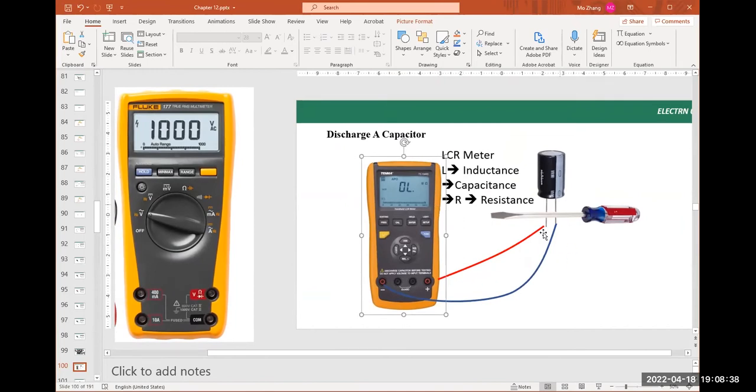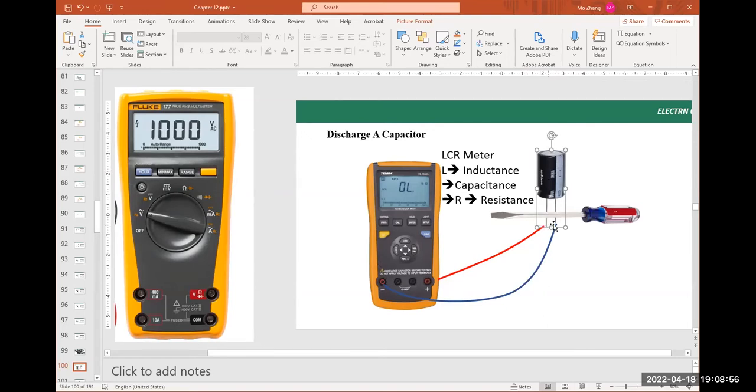Before measuring it, we need to discharge the capacitor, in case, for any reason, some other technician or engineer used this capacitor and there is some charge left inside.